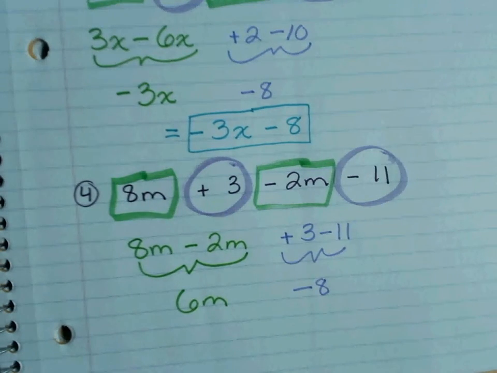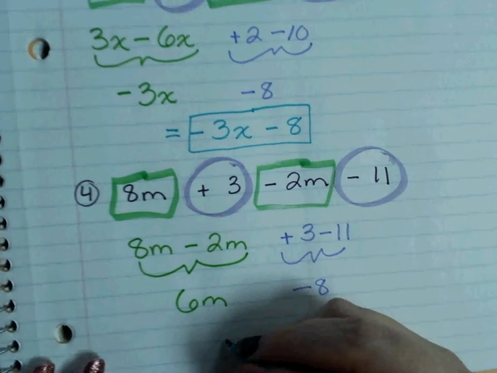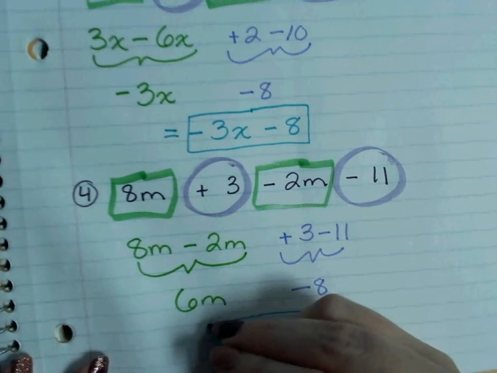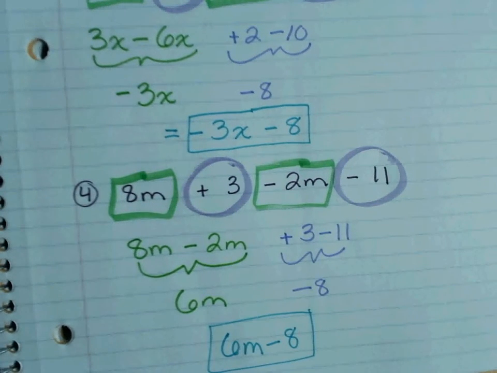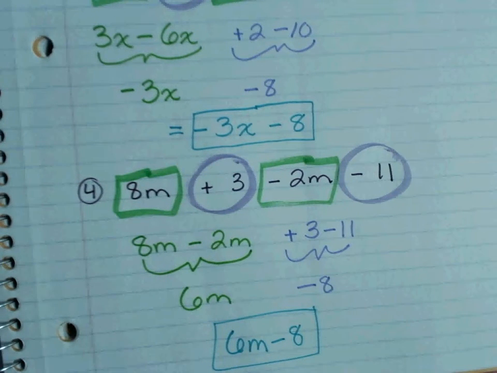So now all I'm going to do is squish these two together to get my answer of 6m minus 8. Okay? Let's go on and try another one on your own.